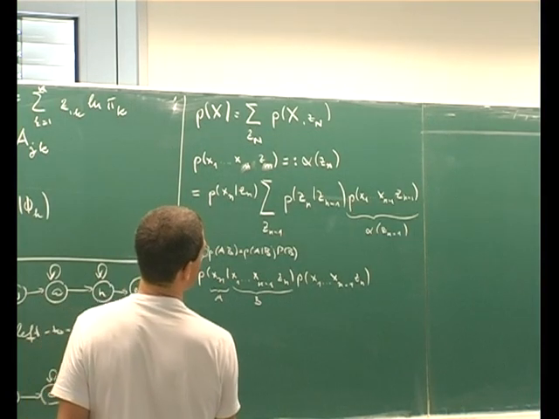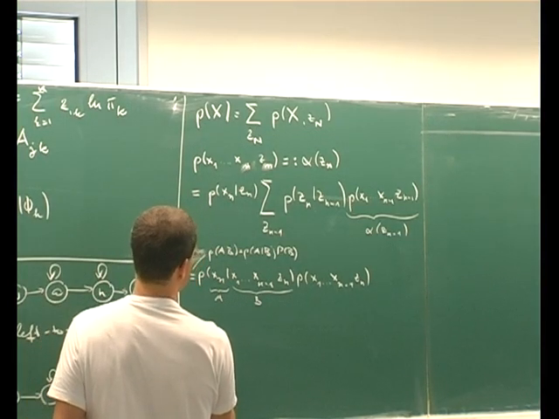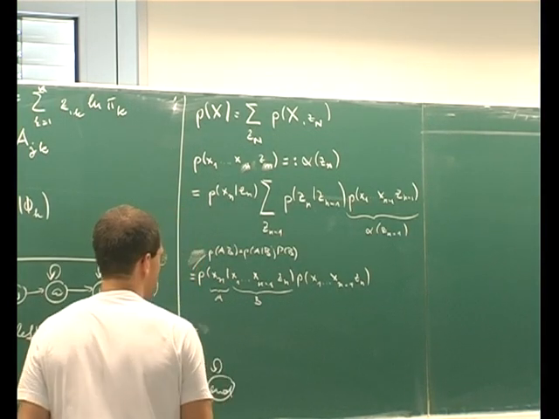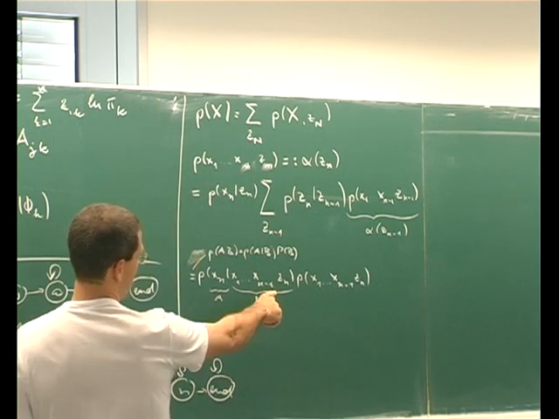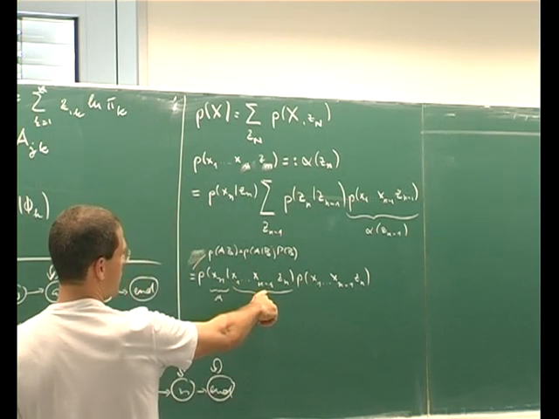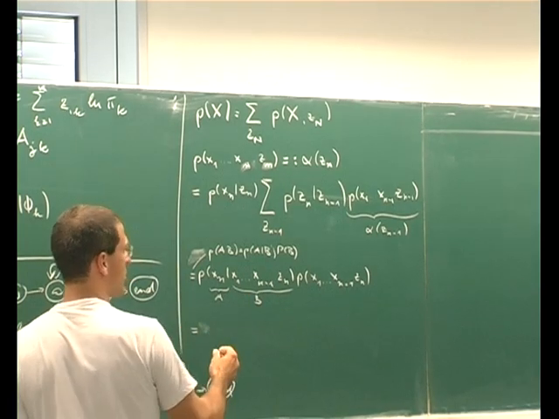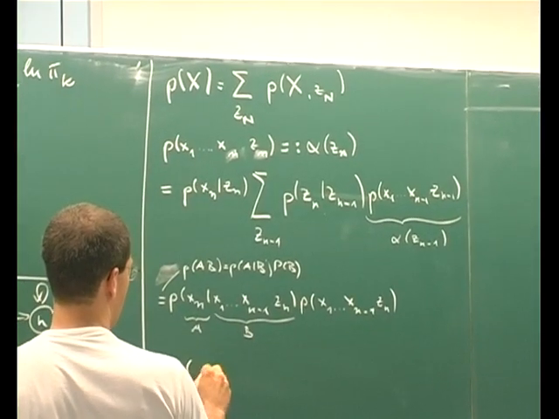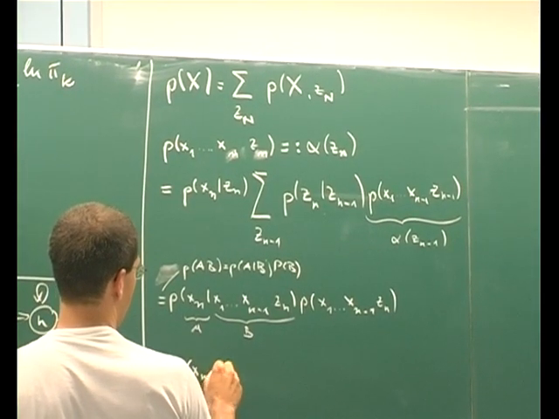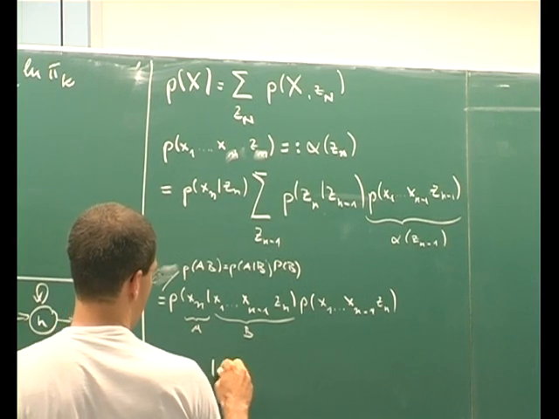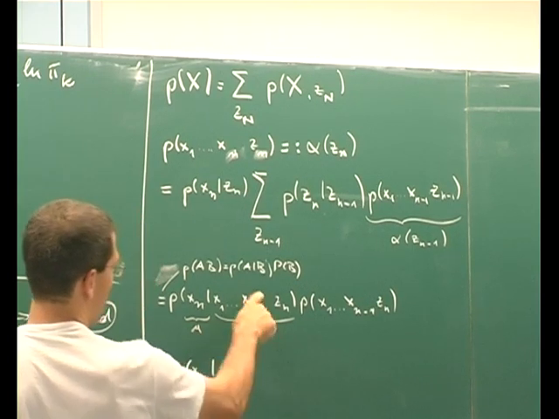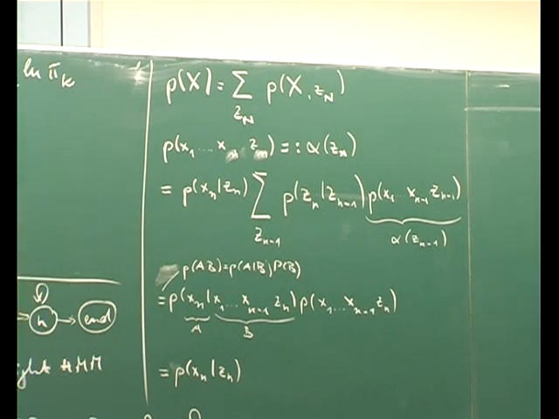Then by the conditional independence assumption, so if you look at the D separation in the graph, this is just xn given Zn. All the previous observations have no information.